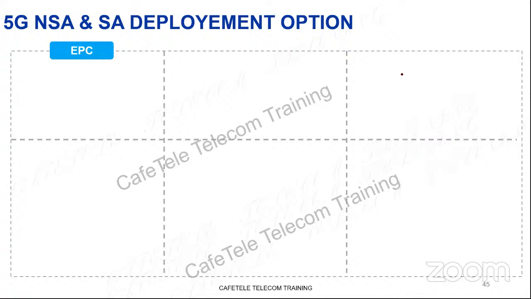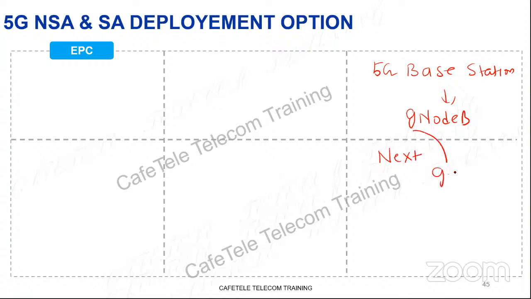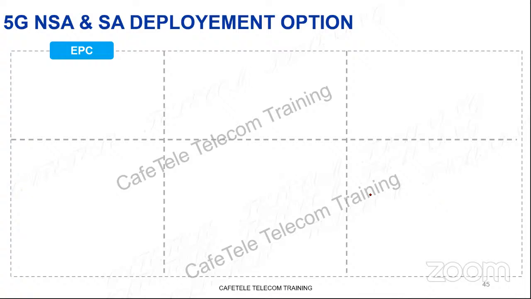The 5G base station we call gNodeB. What is gNodeB? 5G base station. Also we call this term next generation NodeB. The 4G base station we call eNodeB.